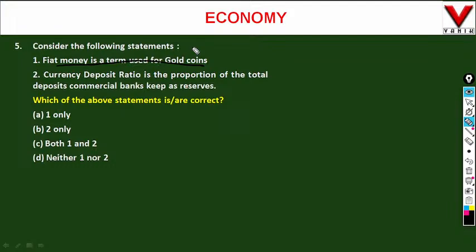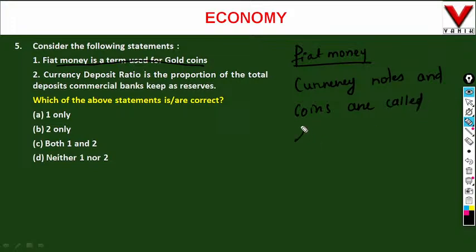What will be the answer? First, what is fiat money? Fiat money is the currency notes and coins.